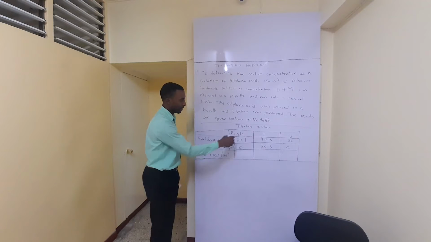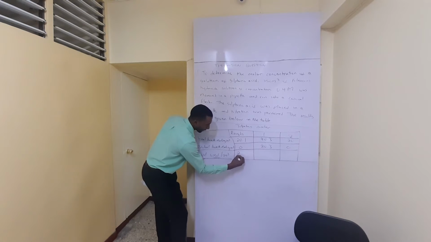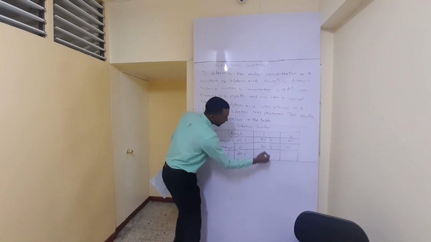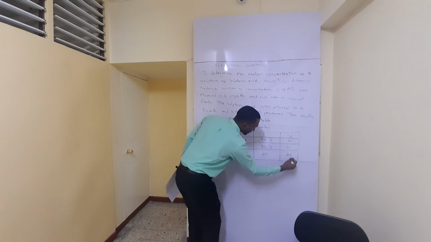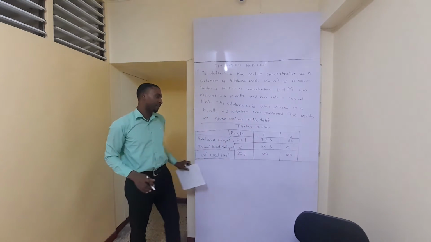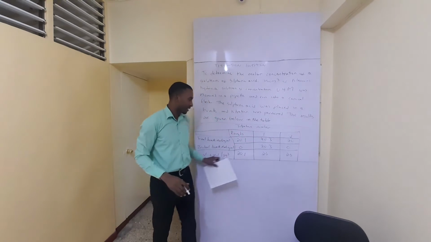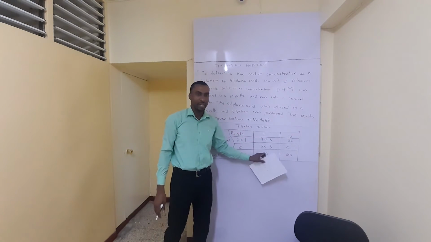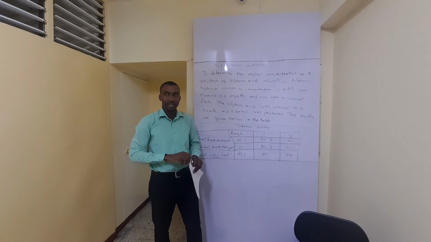Which is this table. Alright, so for the rough titration, what would be the volume of sulfuric acid used in this case? 20.1. Good. Alright, so it's safe to say from this, using the two accurate titrations and not the rough, that the volume of sulfuric acid required to neutralize the potassium hydroxide is 20 cm³.